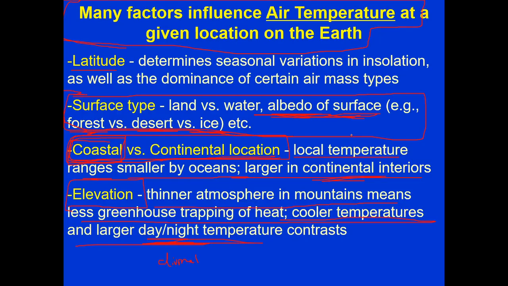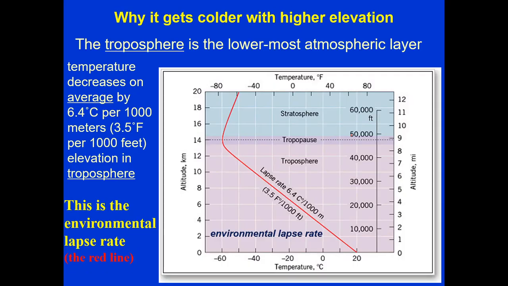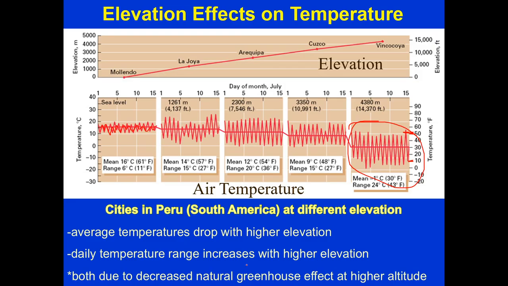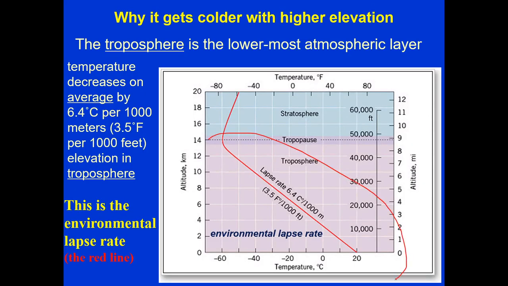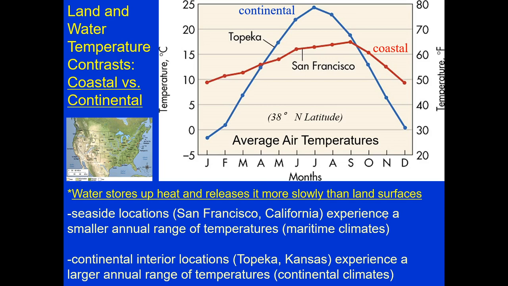So those are the 4 big things that affect what the air temperature in a particular place is going to be like. Again, remember, one of the reasons it gets cold as you go up in elevation is the greenhouse gas effect being lessened, and also this whole lapse rate. It gets colder as you go up in elevation, okay?